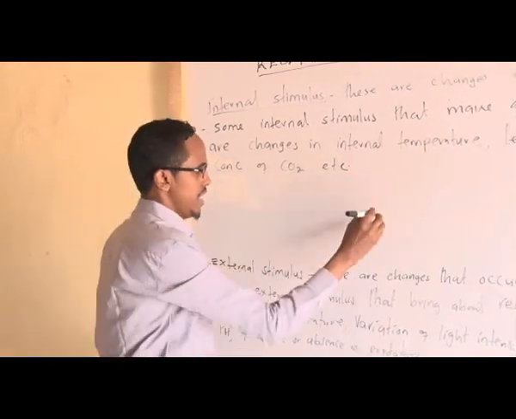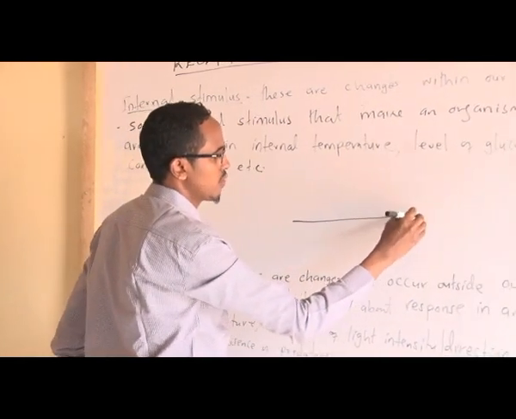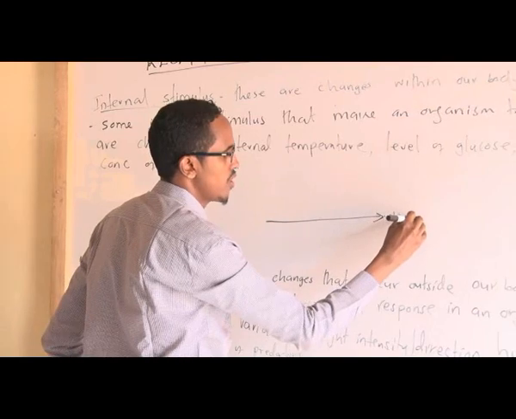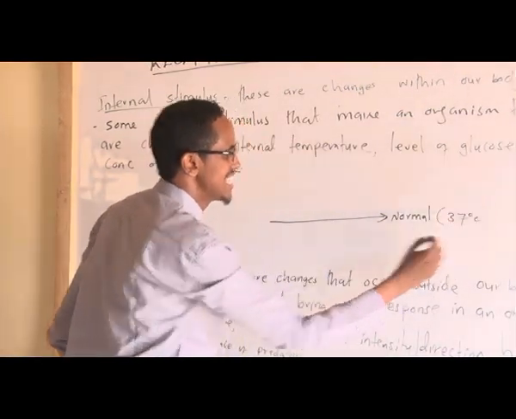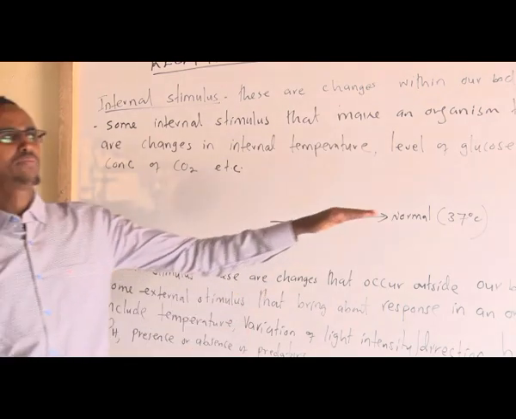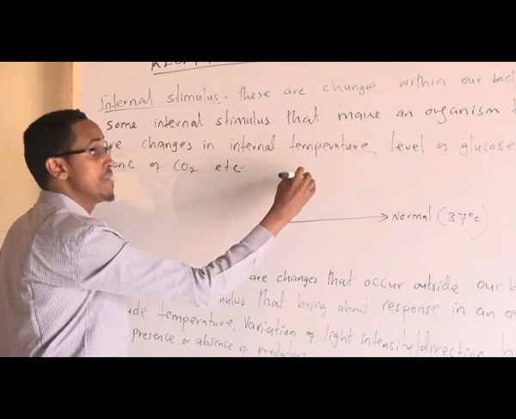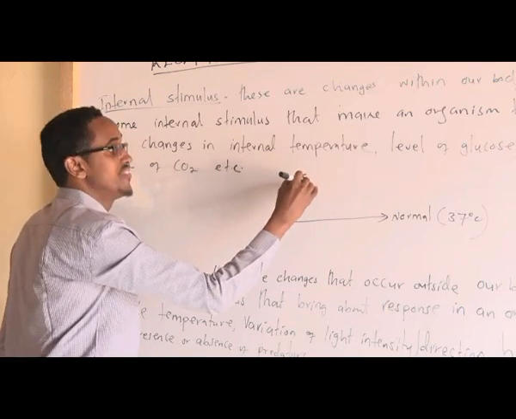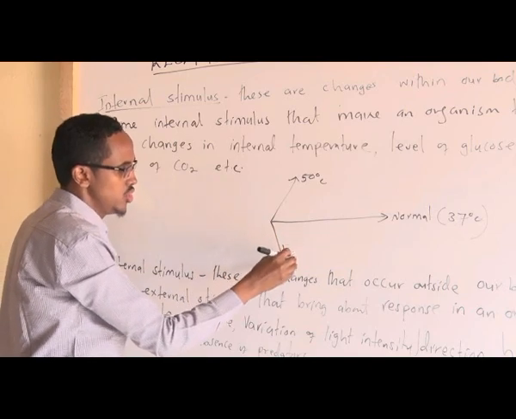For example, if I take you back to homeostasis, the normal temperature is around 37 degrees Celsius. But this temperature is not always maintained. Sometimes it goes up to around 50 degrees Celsius, sometimes it goes down to around 20 degrees Celsius.